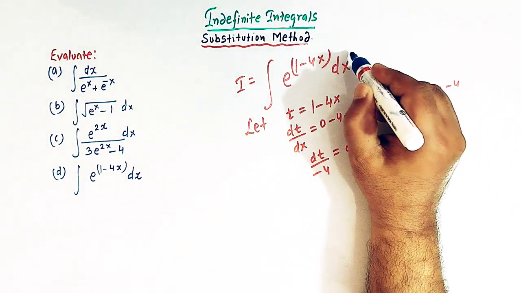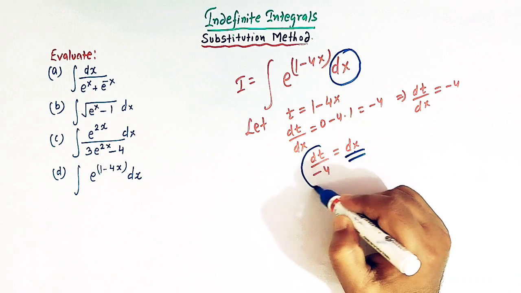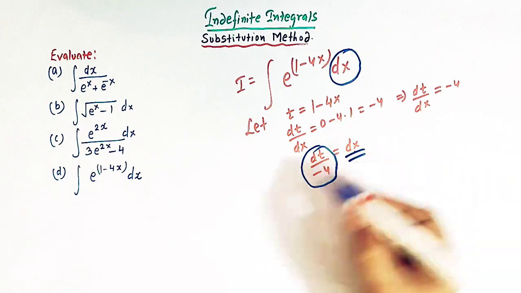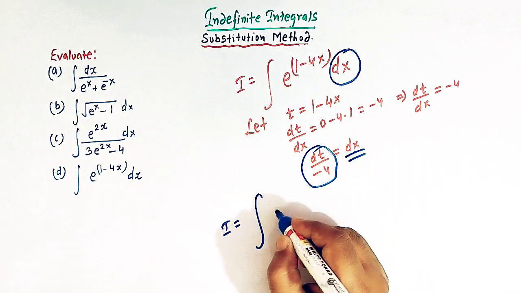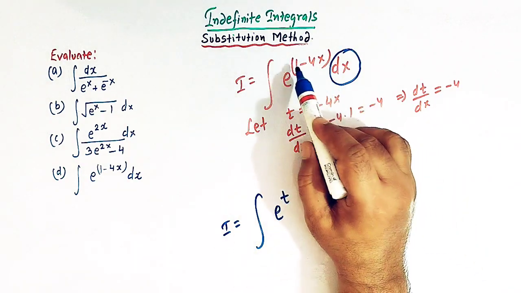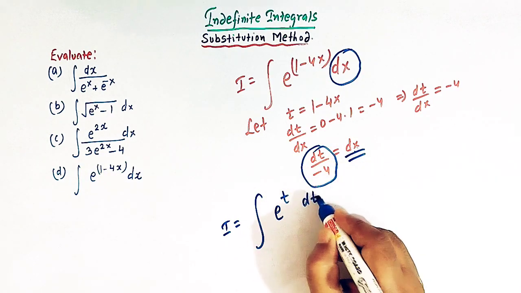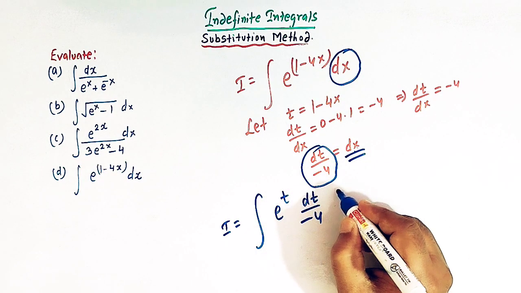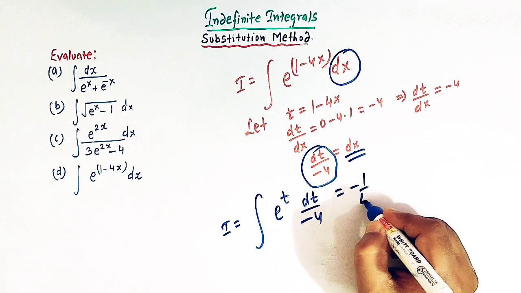So now for this dx, we have dt over minus 4. Now I can be written as the integral of e raised to t, because 1 minus 4x is t, and for dx we have dt over minus 4. Now 1 over minus 4 being a constant, we can take it outside the integral.